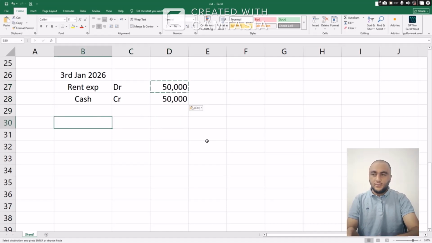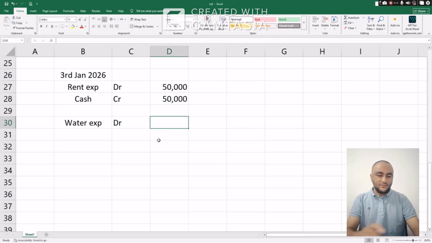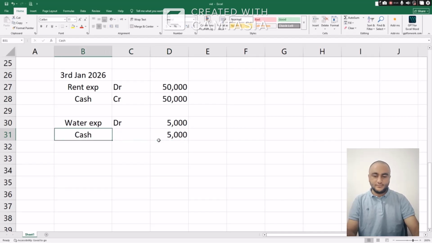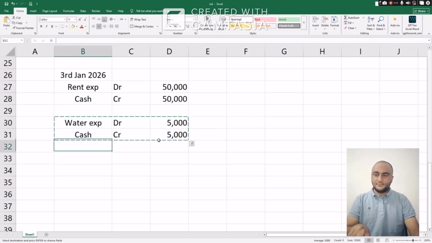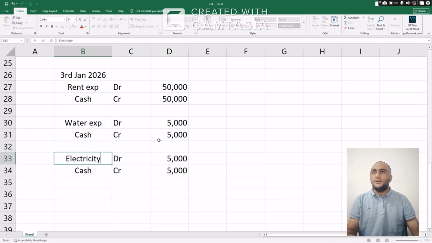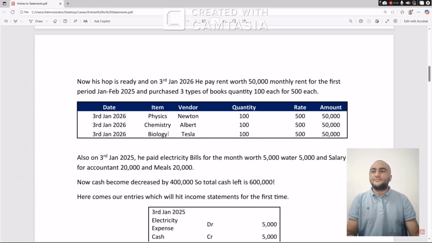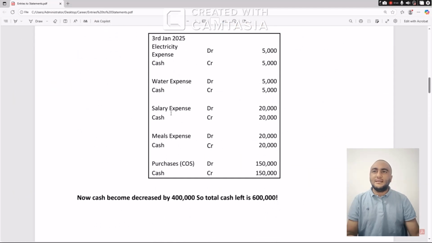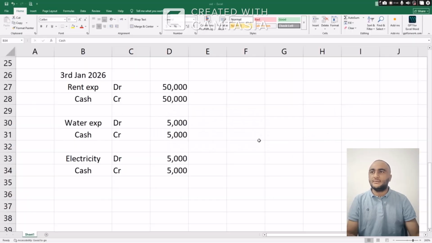And we can say our water expense is debited with 5,000, and the same cash amount will be credited with 5,000. Same amount goes in electricity, and here we can say that a salary expense for the accountant was 20,000 and meal expense was 20,000 again.